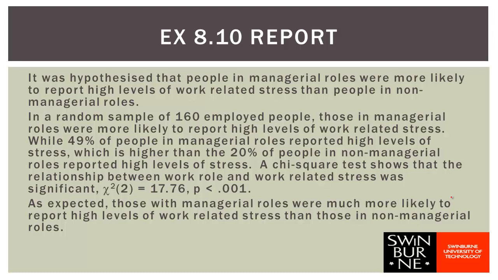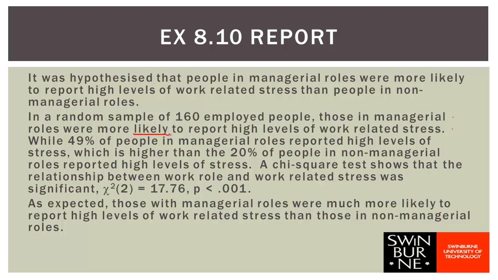Again, starting out by describing what we think we're going to see. We think it's more likely that people in managerial roles have high levels of work-related stress than non-managerial roles. So we've got our random sample, 160 employed people. We start off by just describing, and because it was just between managerial and non-managerial, it's a slightly shorter sentence, but at the end of this first sentence, we are making sure that we do a comparison.